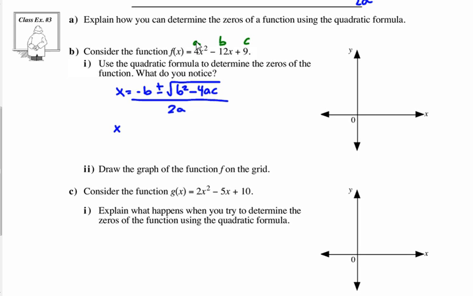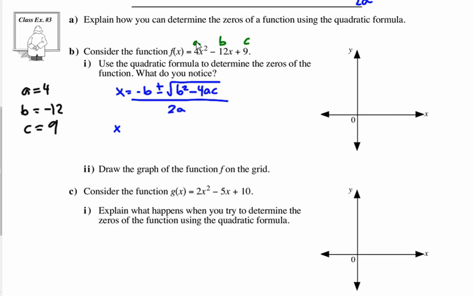Okay, A equals 4. B equals negative 12. And C is 9. So A is the number in front of x squared, B is the coefficient in front of x, and C is the constant.